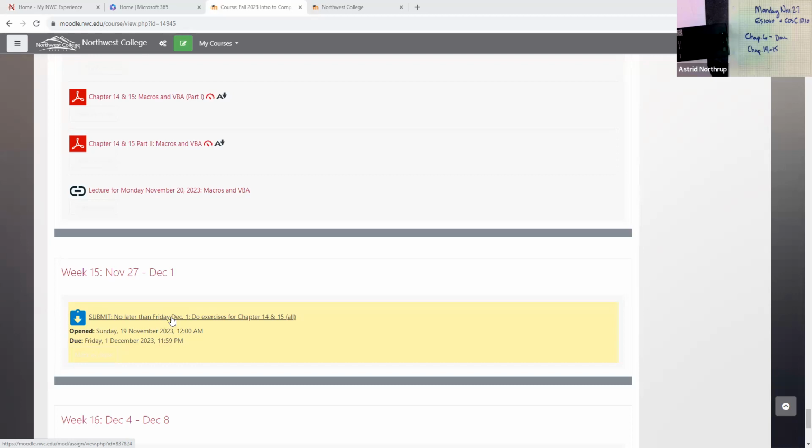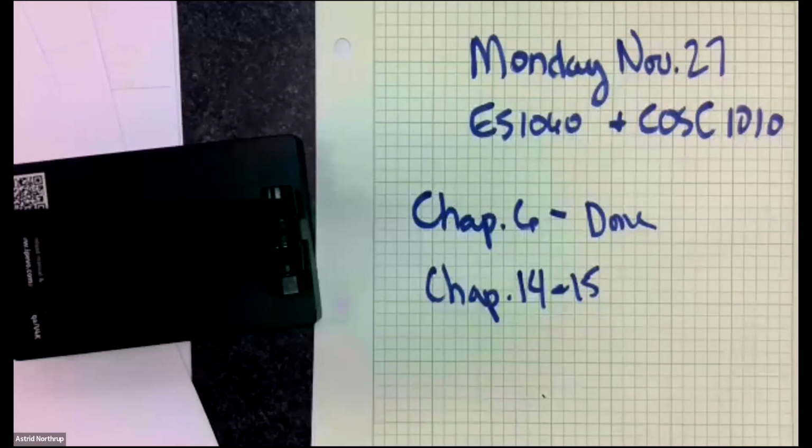Now, this particular exercise is a lab, so it's going to go into the grades for labs. It will actually count a little bit more than a standard exercise because it's definitely a programming element.